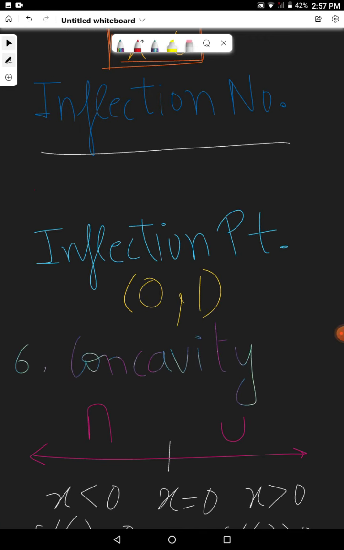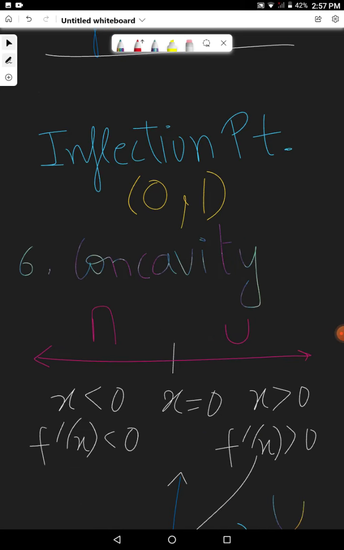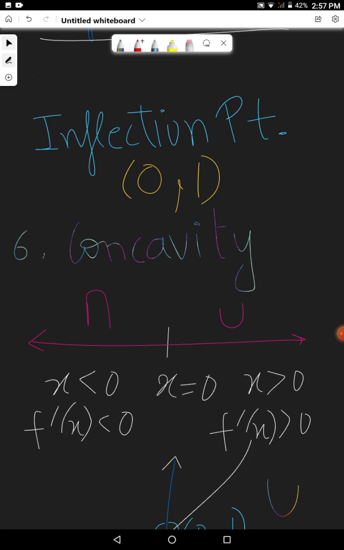And on putting x equal to 0 in f(x), you get the value of y. So this point, if you get the point (0, 1), this will be the inflection point. So this thing you need to understand.